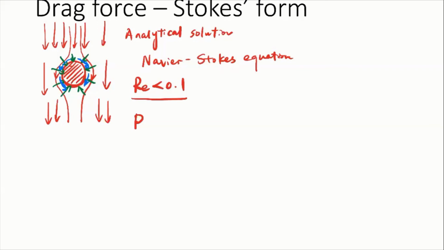In this problem, people can solve for the normal or perpendicular force, which is related to the pressure. The pressure can be calculated by P0 minus 3/2 mu VR divided by R.